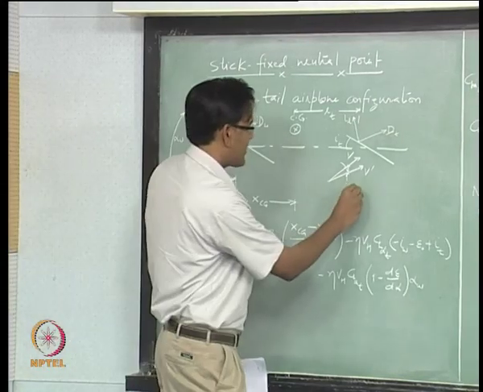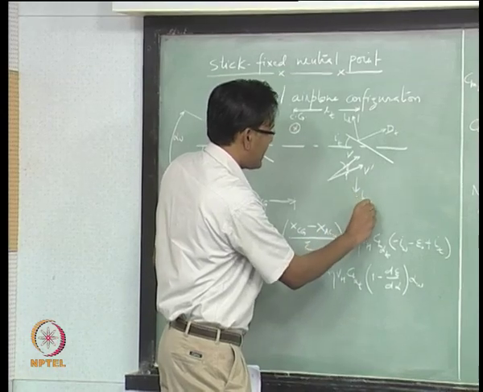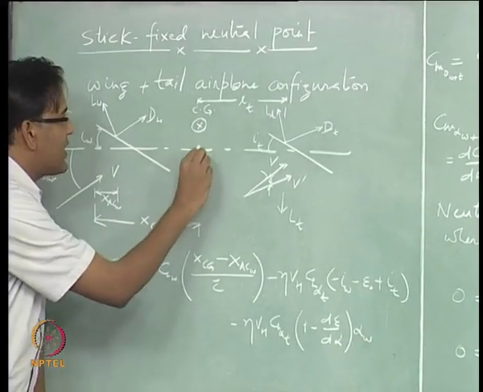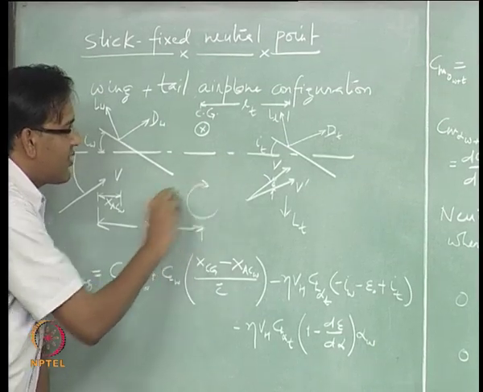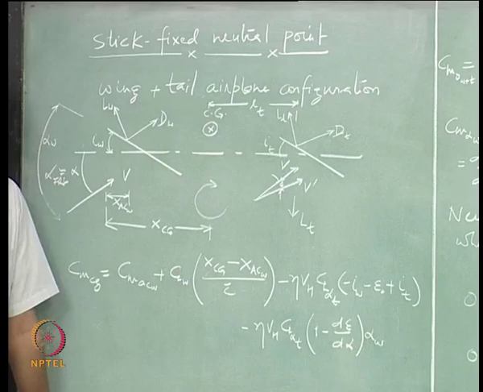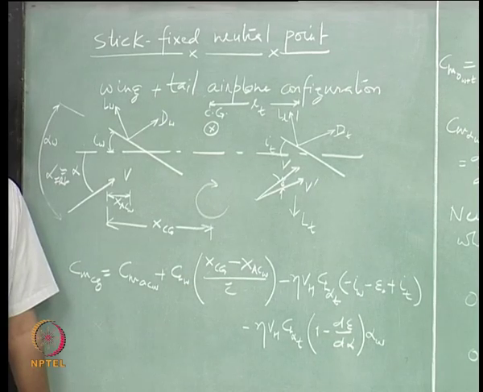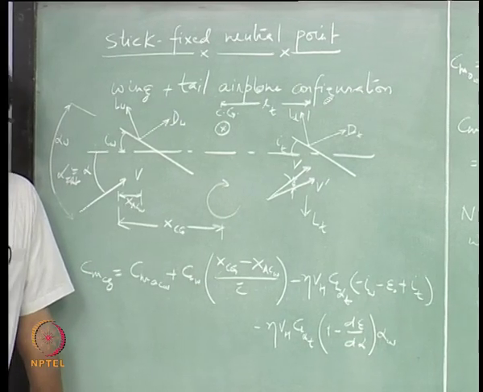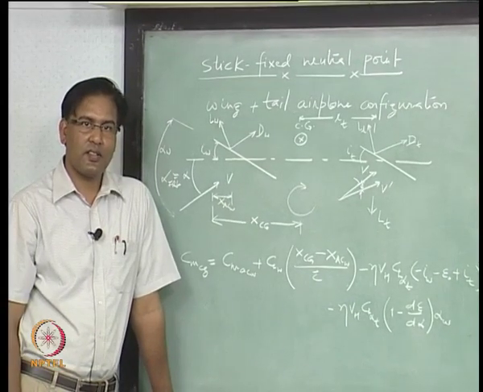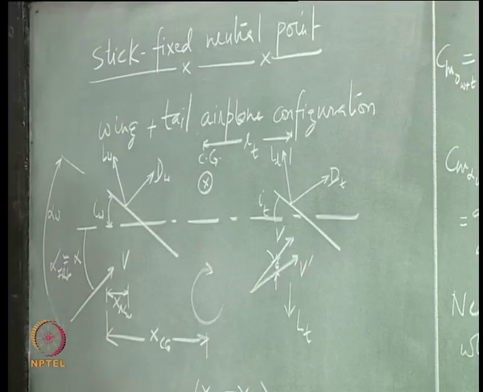If I say lift is this, right, the moment about CG is going to be in this direction. Now, where should the CG lie? I can have such a situation, right?